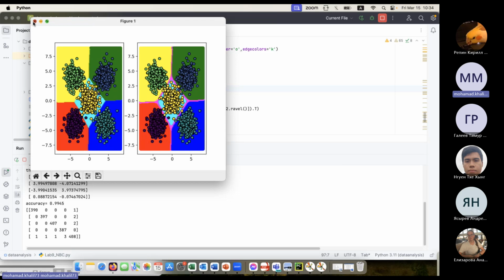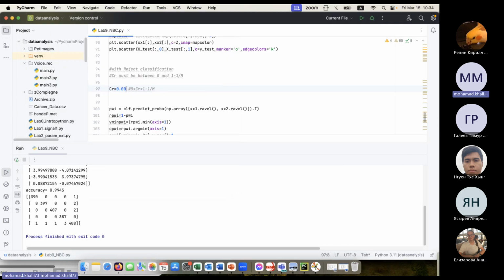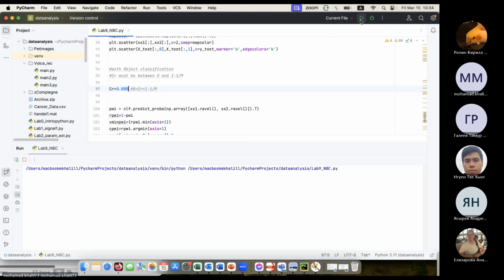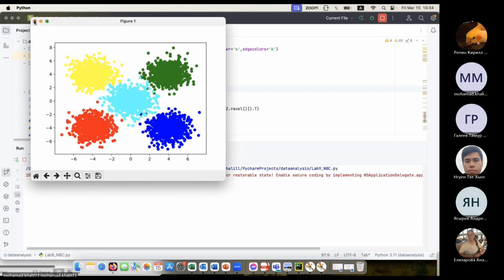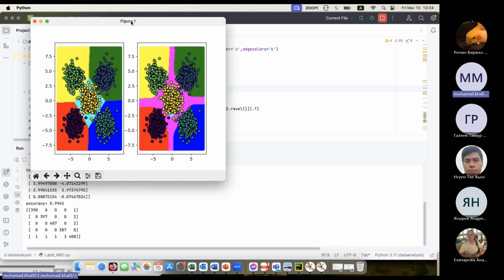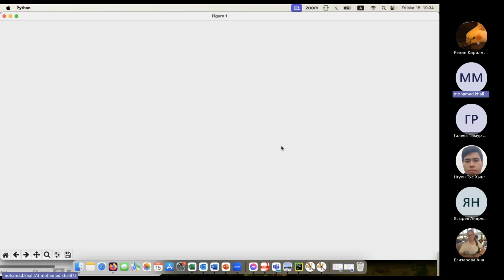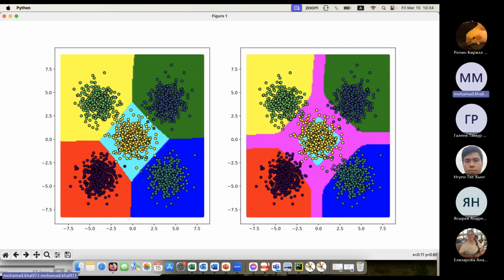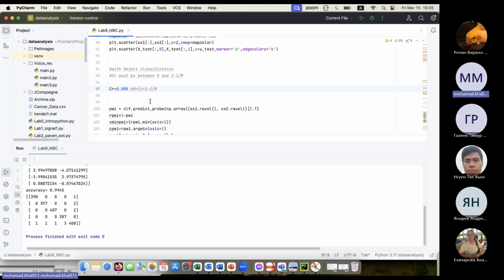If you put 0.005, so small, you see? Look, it's 0.05. So only this is class 1, class 2, class 3, class 4, and here I don't know. All this I don't know. So I don't have any problem to say I don't know because the CR is so small. You understand?